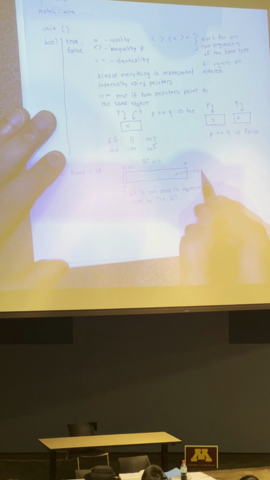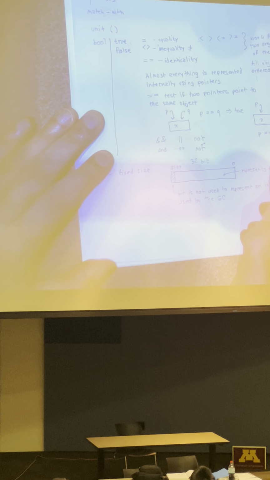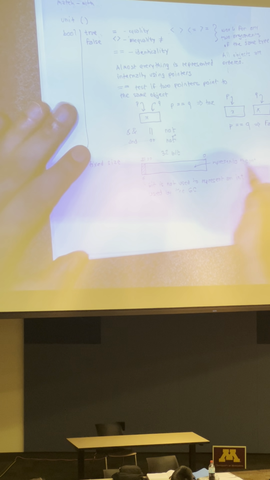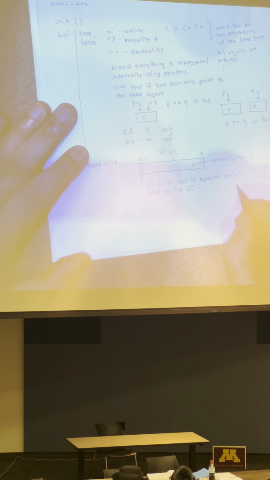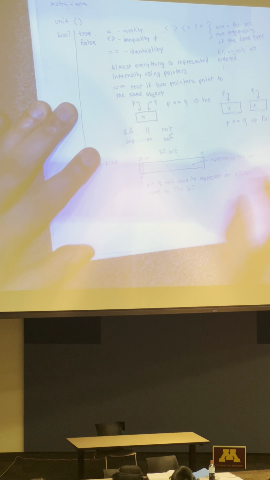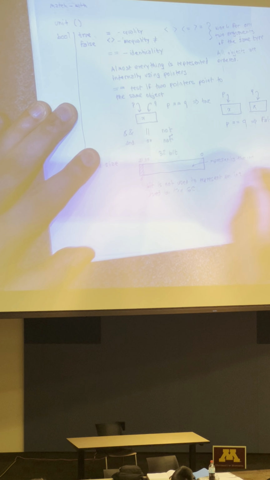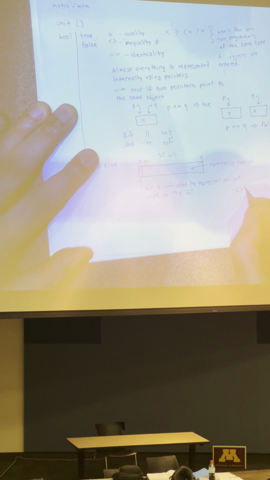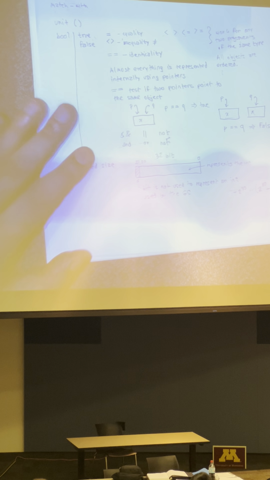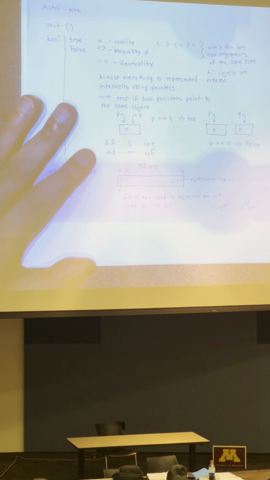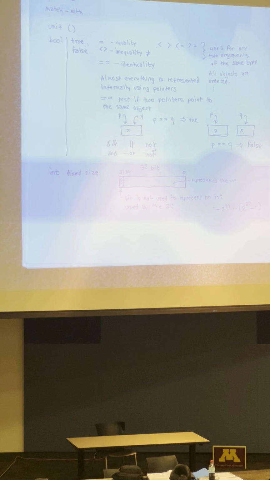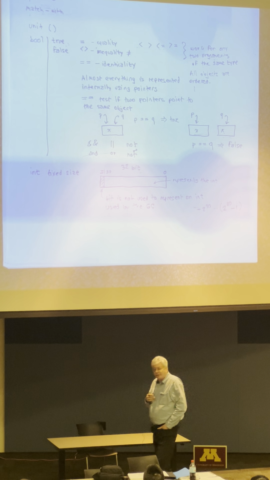So on a 32-bit computer, we have a range of integers from minus 2 to the 30 to 2 to the 30 minus 1. In other words, there's one less positive integer than there are negative.